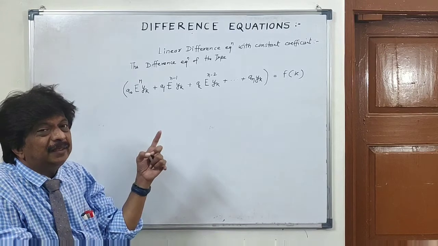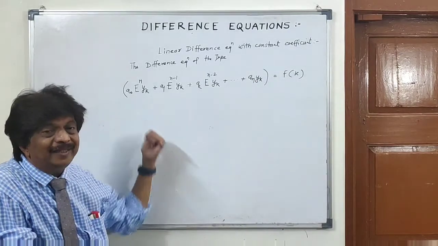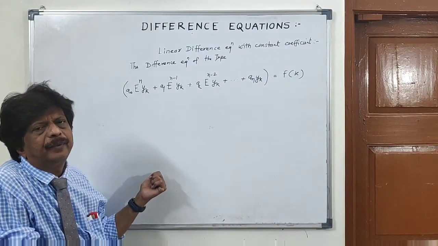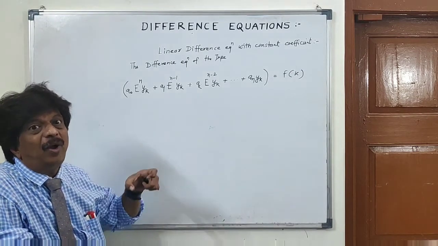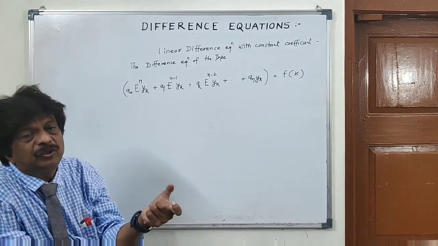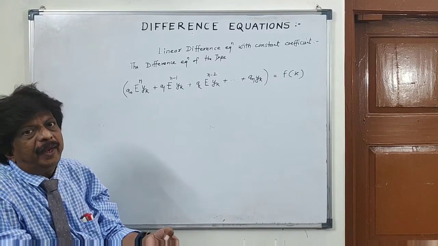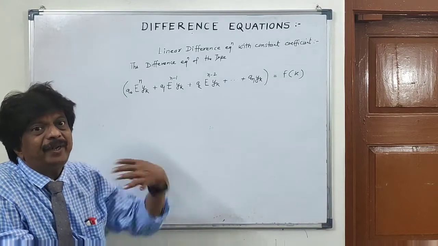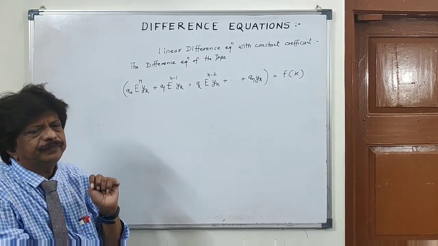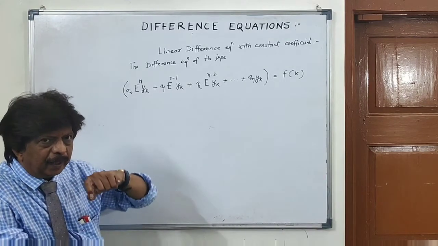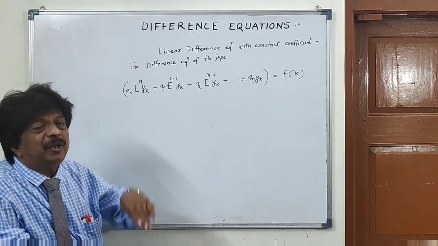Difference equation is the equation of differences from the discrete values of the table. Differential equation is the equation involving differential coefficients and their derivatives of continuous function. If we have the discrete values instead of continuous values, the differential equation reduces to difference equation. That is the basic difference between them. It is the differential equation of discrete values.